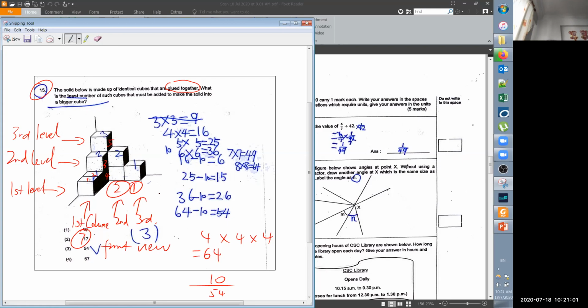So what's the correct answer? 54. Okay, then why did you circle it? I calculated wrong. Where did you go wrong? I calculated the volume as 4 times 4.